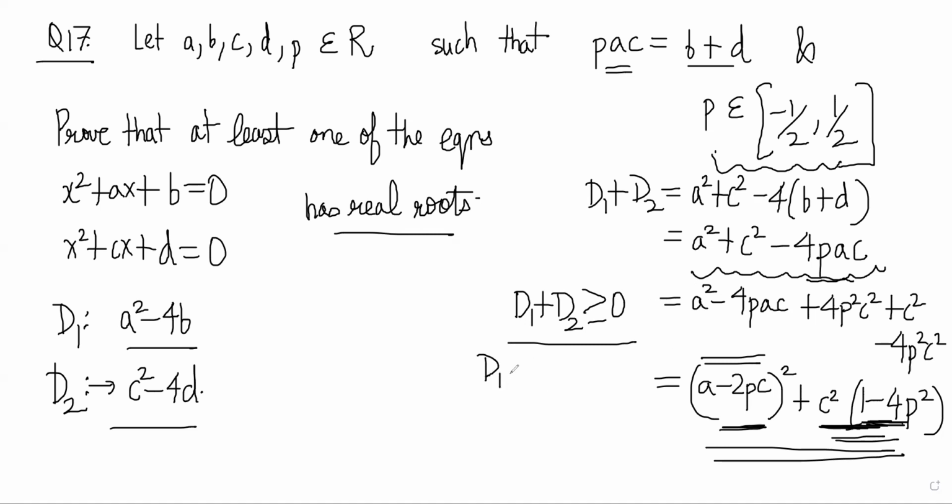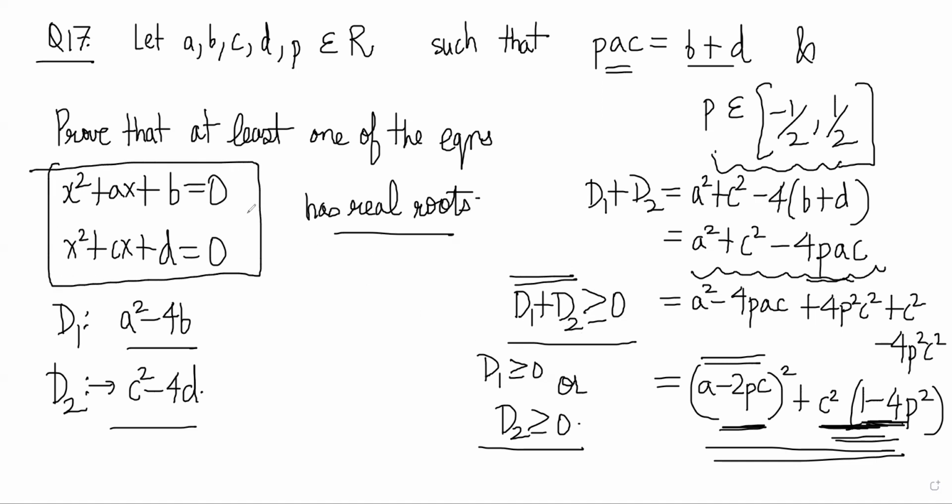Now, this means that both d1 and d2 must be greater than 0. Or at least one of them must be greater than 0. Or d2 is greater than 0. Why? Because both cannot be negative, because then the sum will be negative. So one of them has to be positive. If one of them has to be positive, then one of the equations has real roots, right?